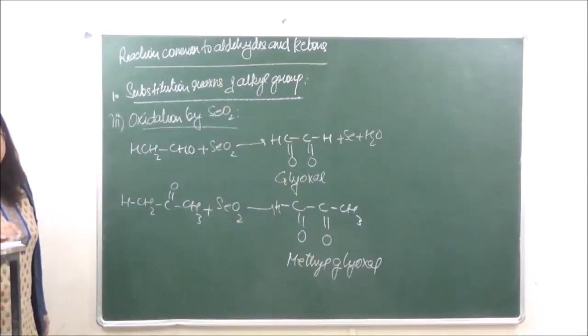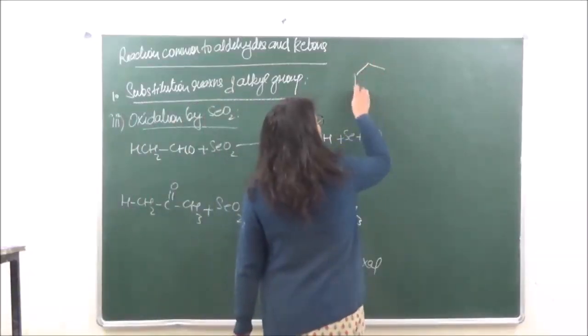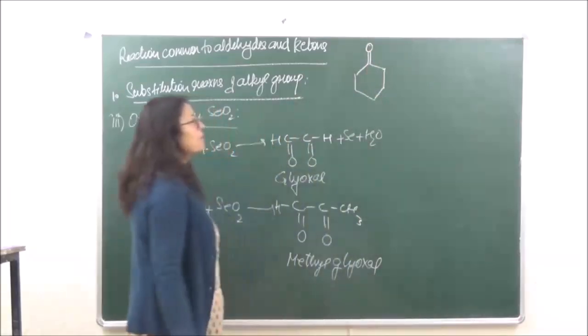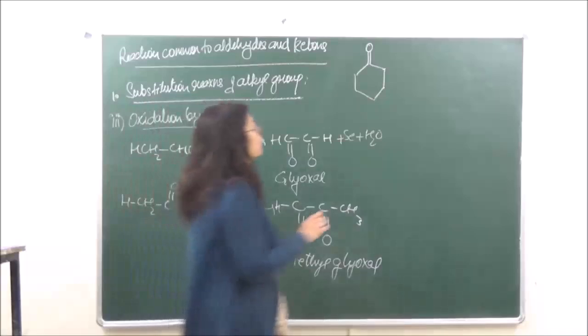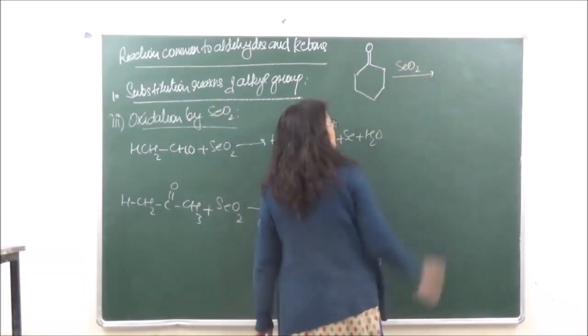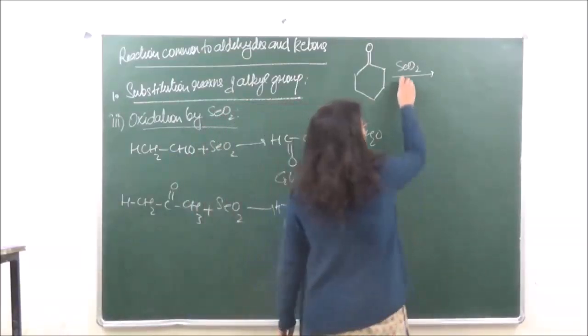Okay? Now, if we are taking over here a cyclohexanone, at the alpha carbon atom there is going to be oxidation which will take place. The reaction we are doing in presence of water.